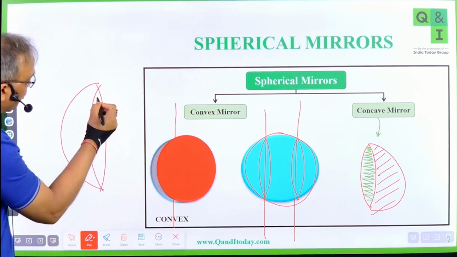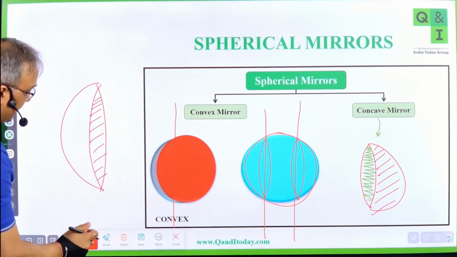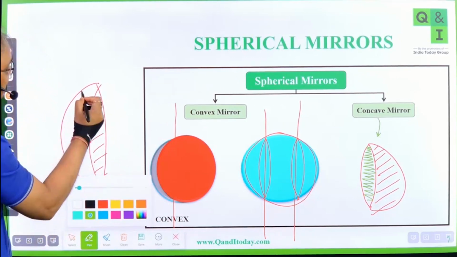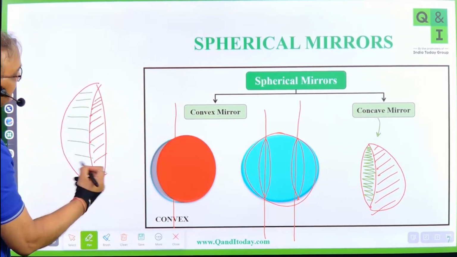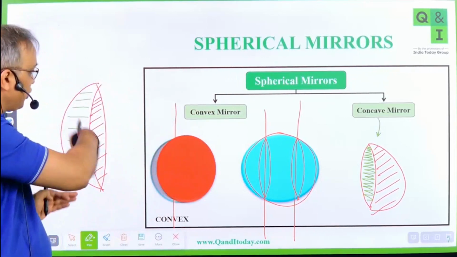Now, if I am going to silver this portion, in that case, this is your reflecting surface. So the reflecting surface is bulging out.